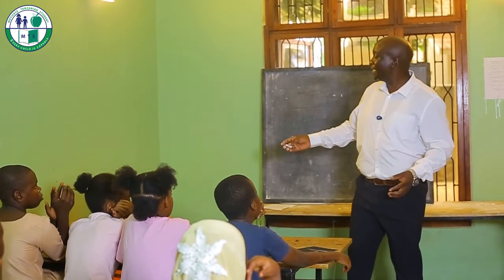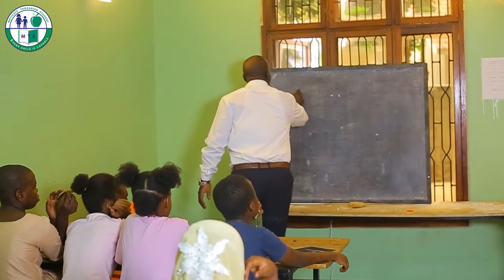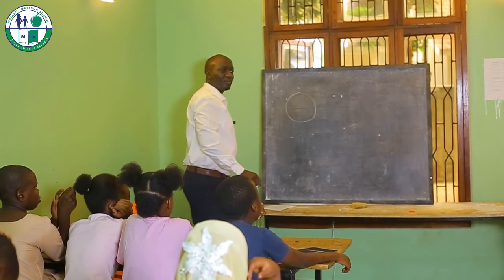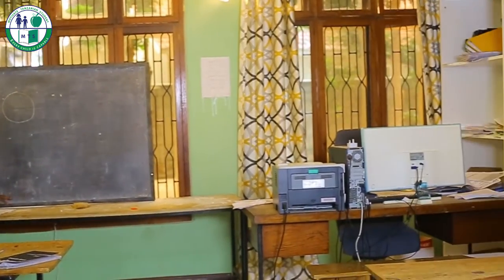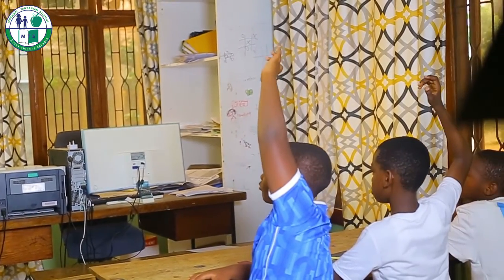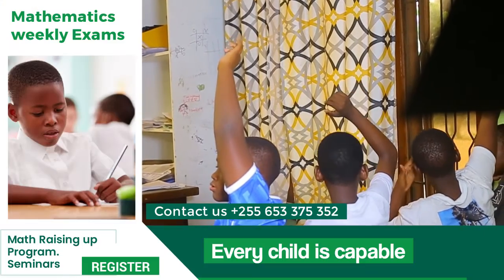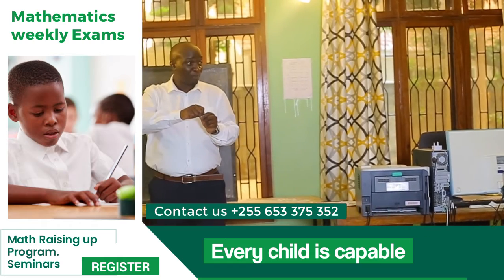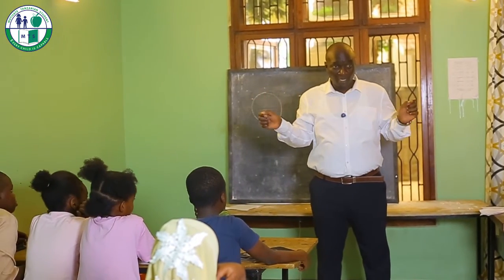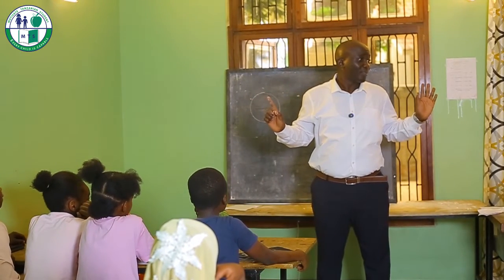Baiskeli, that wheel is a good example of a circle. Zile spoke, unajua spoke? Ile spoke zote zinafanana, kweli si kweli?